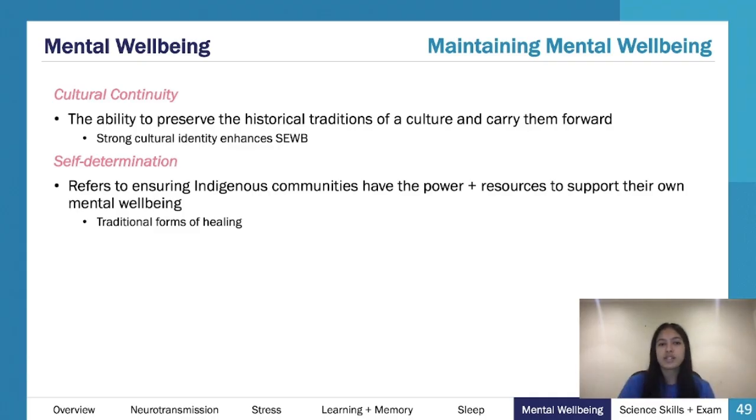So understanding that First Nations people have this ability to preserve historical traditions, that kind of thing, linking it with cultural continuity.